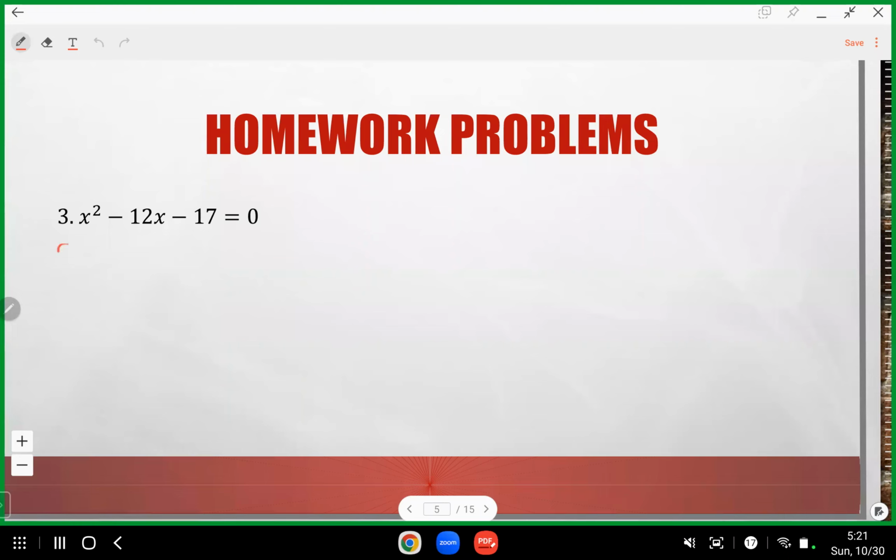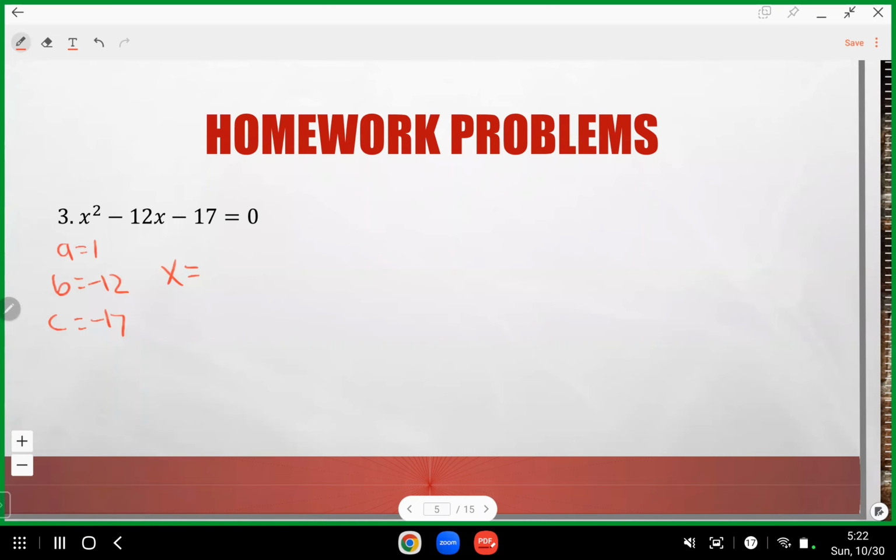What is the A term in this case? 1. And B? Negative 12. And C? Negative 17. Okay, so therefore x is going to be equal to, just start with plugging the numbers into the quadratic formula, right?